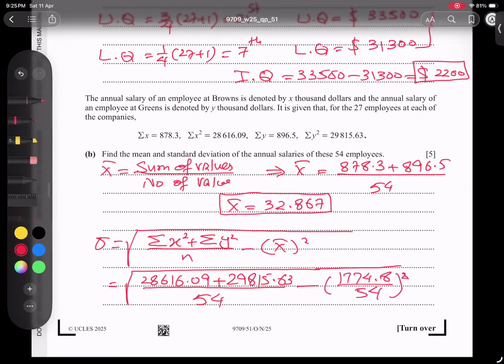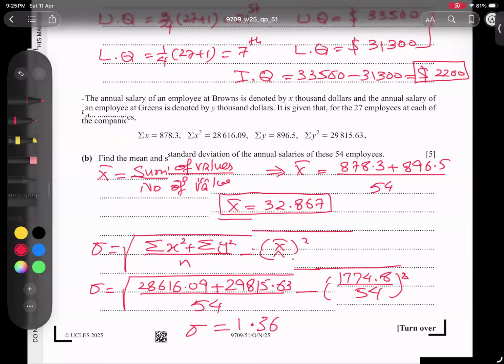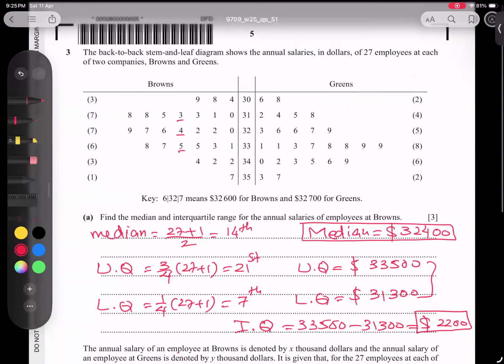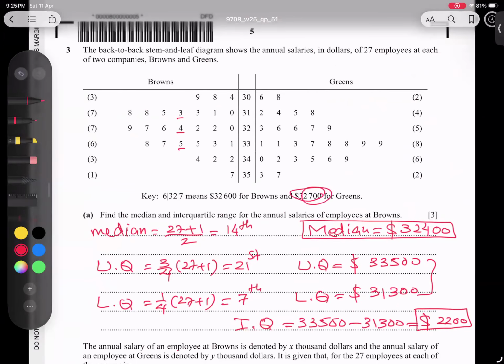And finally, when we type this in the calculator, since he is asking us for the deviation, the deviation value comes to 1.36, but it is in thousands. I think it is mentioned on the top. Yes, it is in thousands.